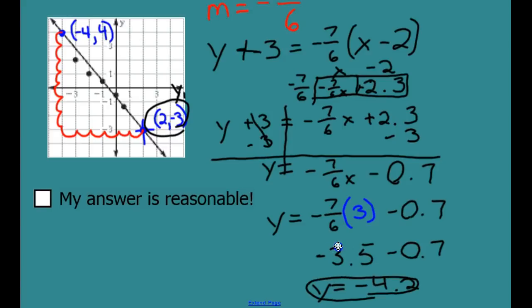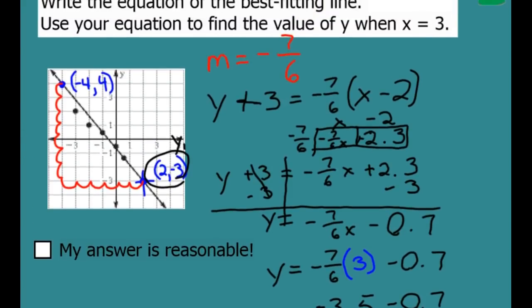So we need to see if this answer would be reasonable. So we go over to our graph. We need to look for x equals 3. We have 1, 2, 3, and we're going to go from 3 down to our best fit line. Where we hit that will be our point at y.